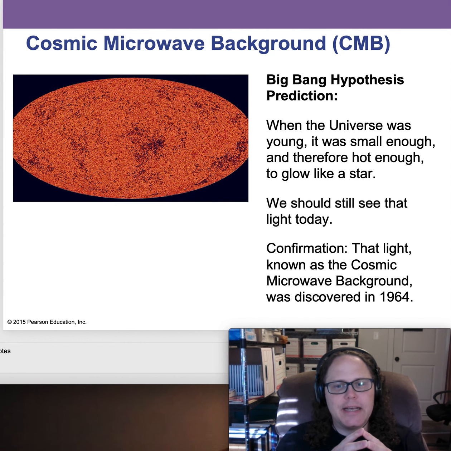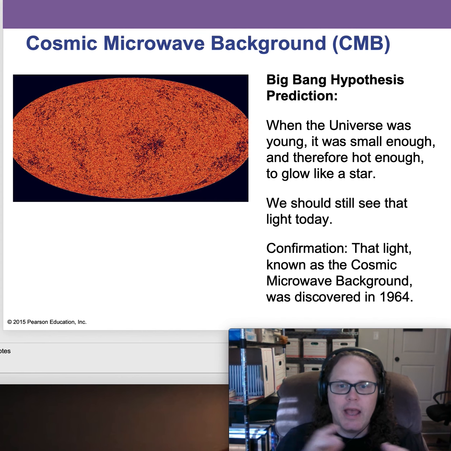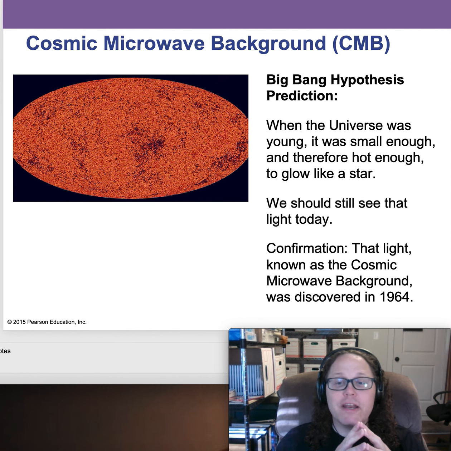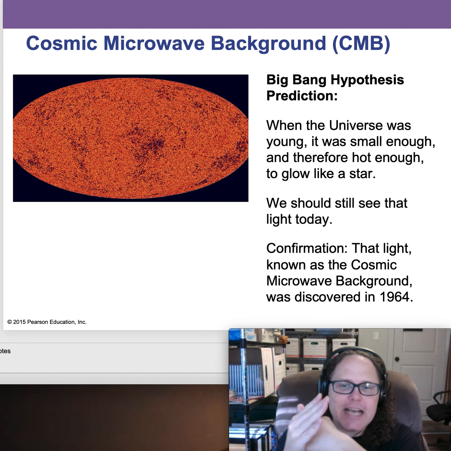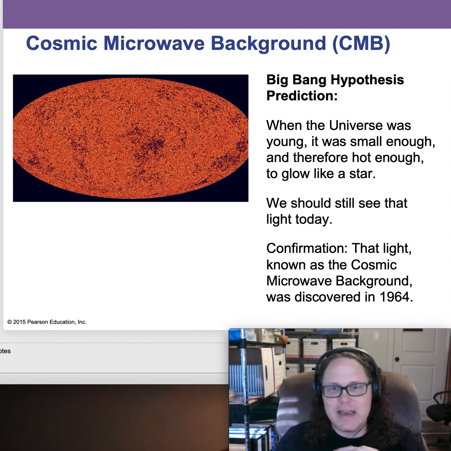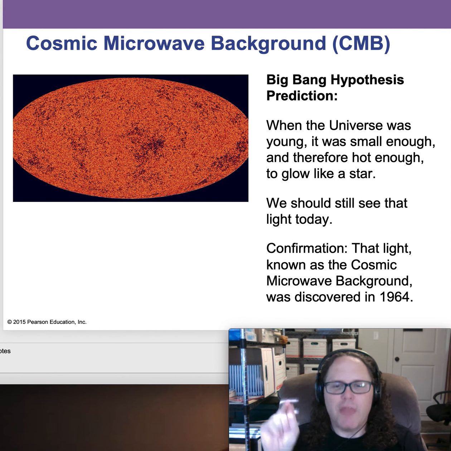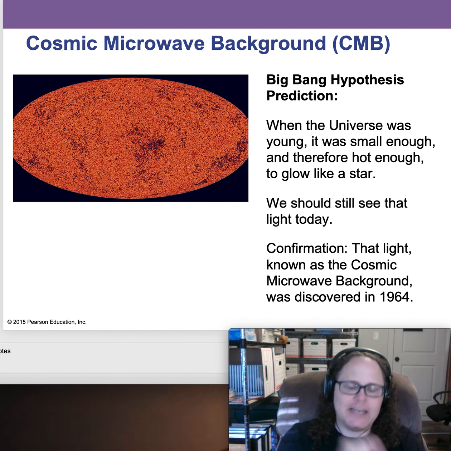What we should see is microwaves surrounding us, shining on us from every direction. And indeed we do. The cosmic microwave background, the echo of the Big Bang, was discovered in 1964. It was the nail in the coffin for the steady state hypothesis. The steady state hypothesis had nothing to say about the cosmic microwave background, but the Big Bang hypothesis predicted it, and it came to be observed.